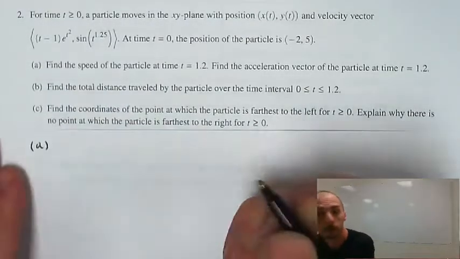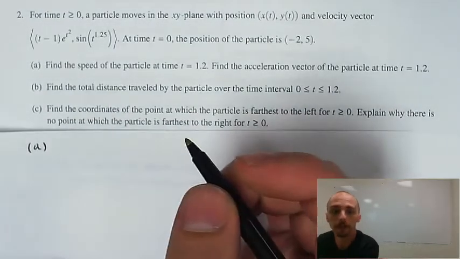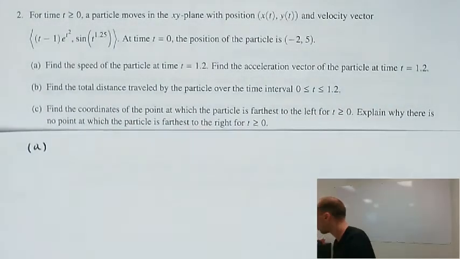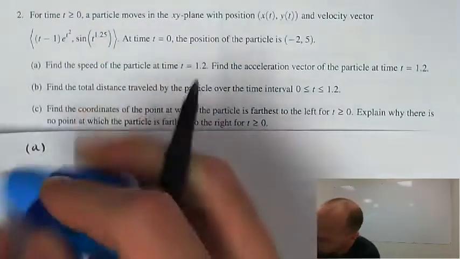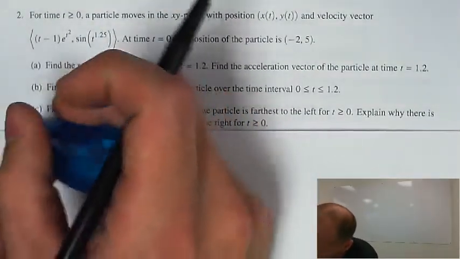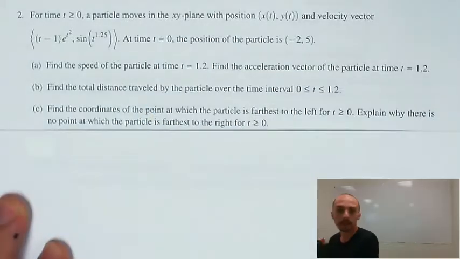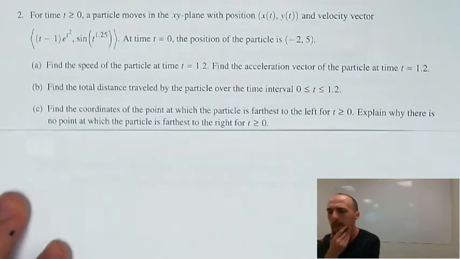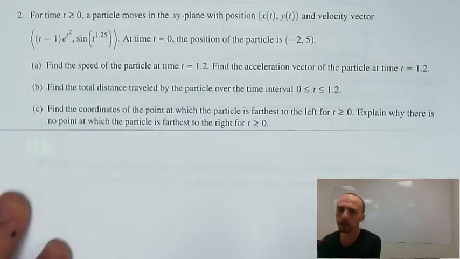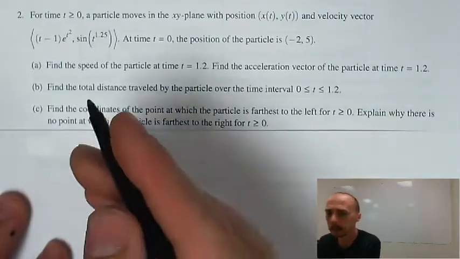What are we going to tell the reader that we're doing here? We're going to tell them that we're taking the derivative. Oh, no, we're not taking the derivative. They already gave us the derivative. Before I even do that, I'm going to very clearly state at the beginning of part A, or maybe just somewhere on the page, like on your actual free response, you're given kind of like a box you have to write in.